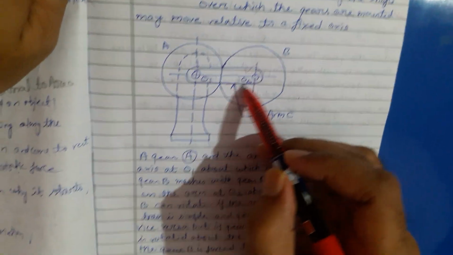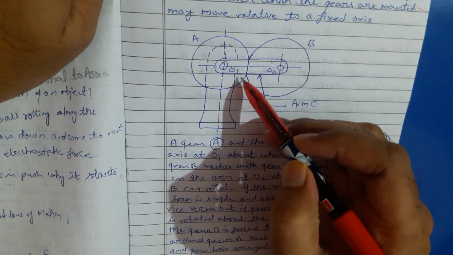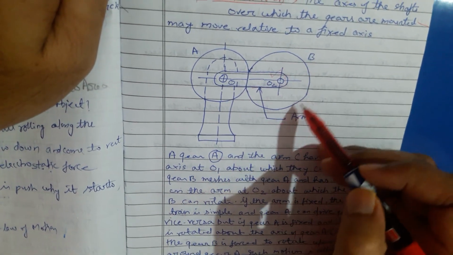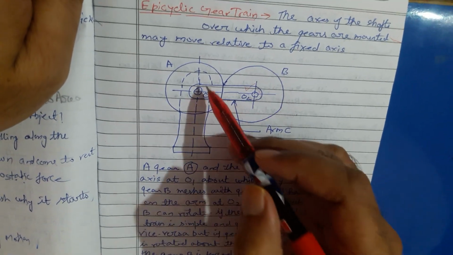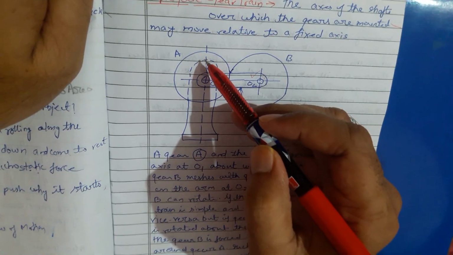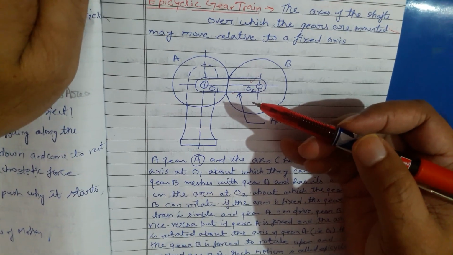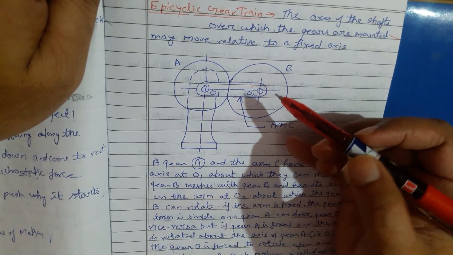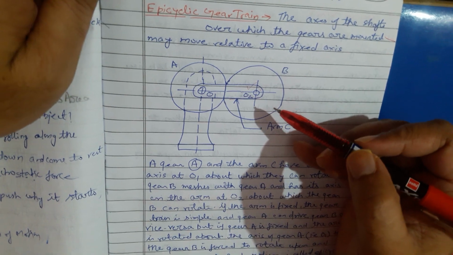If the arm is fixed, gear A pushes gear B to revolve, but if gear A is fixed, the arm will rotate around gear A. Such motion is called epicyclic motion.